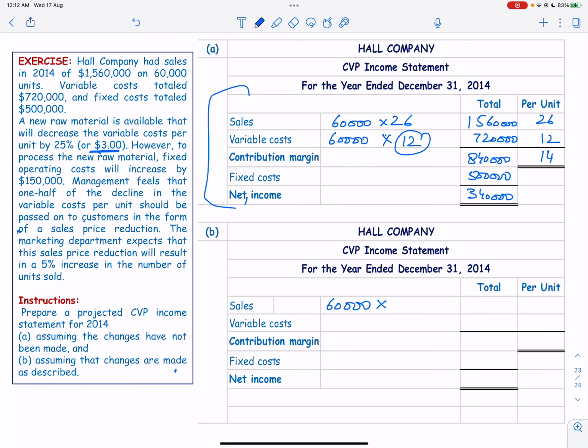Sorry, I'm very sorry. We have the variable cost per unit that will decrease by $3. So that means the variable cost per unit now is 12 minus 3, that is 9.